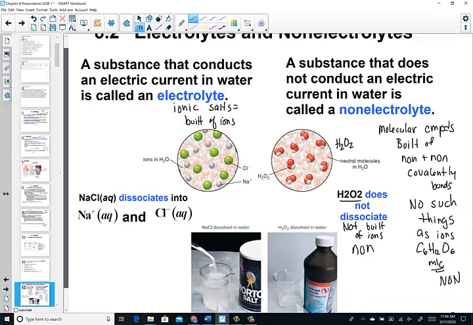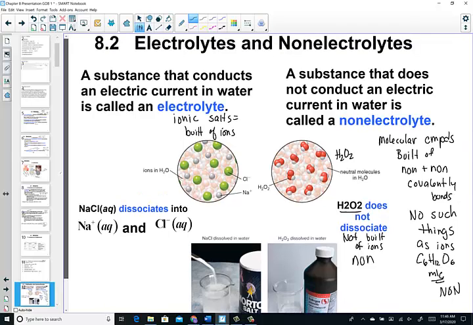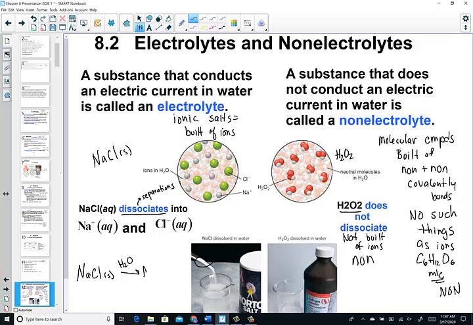But when you consider an example such as table salt, NaCl, as a solid, we see that it's in a regular crystalline form. But when you place it into water, it dissociates, it separates, it breaks apart and forms ions. So just think about what we're saying. When NaCl as a solid is placed into water, the ions separate from one another.